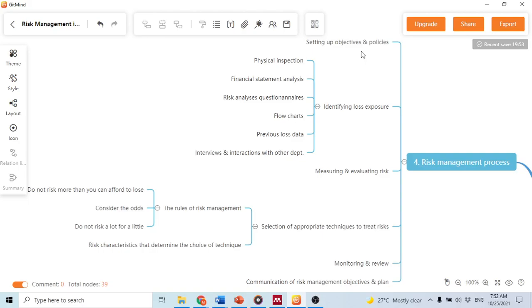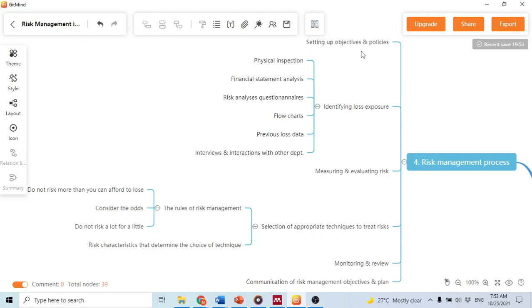However, despite its importance, this step is often overlooked by organizations. As a result, the risk management program will be defective and implementation will be carried out in an inconsistent and disjointed manner. So having objectives and policies related to risk management is very important for general guidance to the organization.